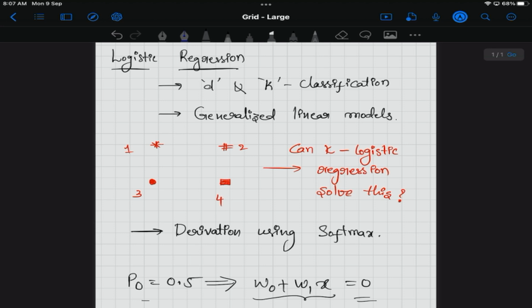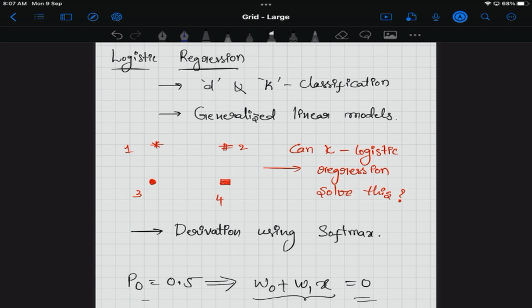So there was a question in last class. Suppose my data is distributed like this, at 4 corners, and I'm trying to do 4-class classification. Now the question is, can my logistic regression solve this problem?